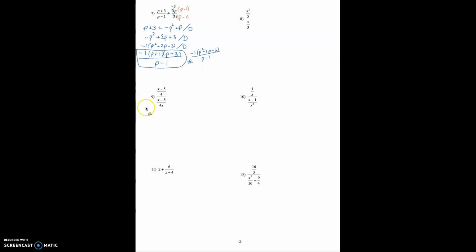Now number 9, I actually really like these problems, the complex ones. This might look confusing, but sometimes if we make that fraction bar a different color, it makes it a little easier for us. So we have x minus 5 over 4 divided by x minus 5 over 4x. So I'm going to rewrite that as two fractions being divided by one another with our good old-fashioned division symbol.